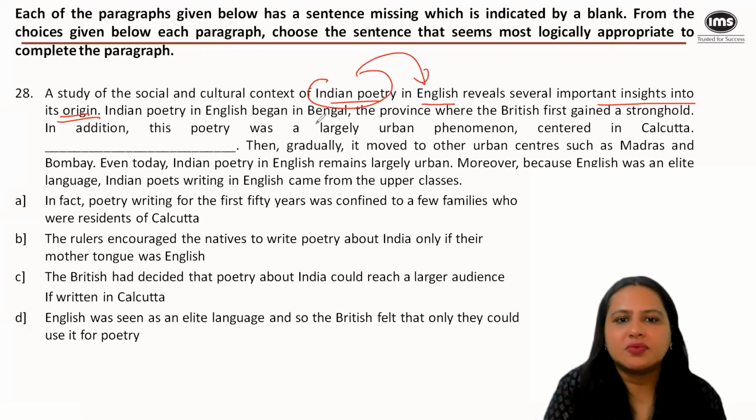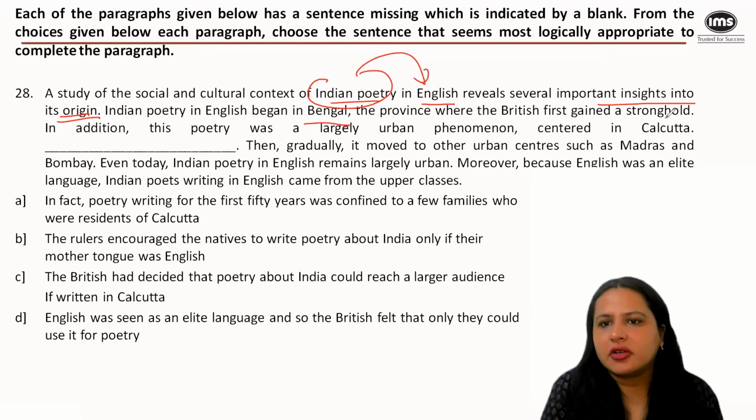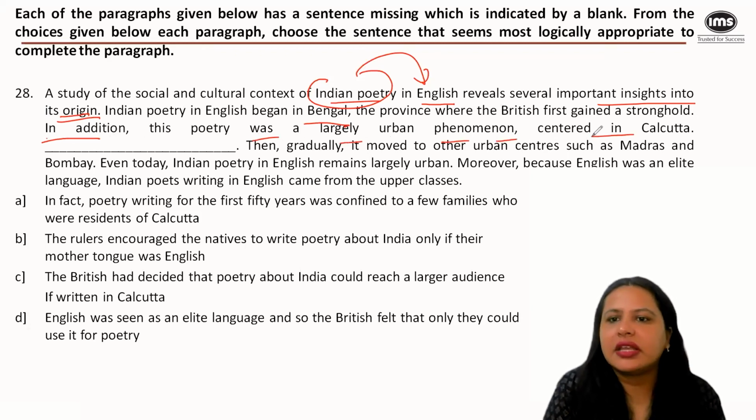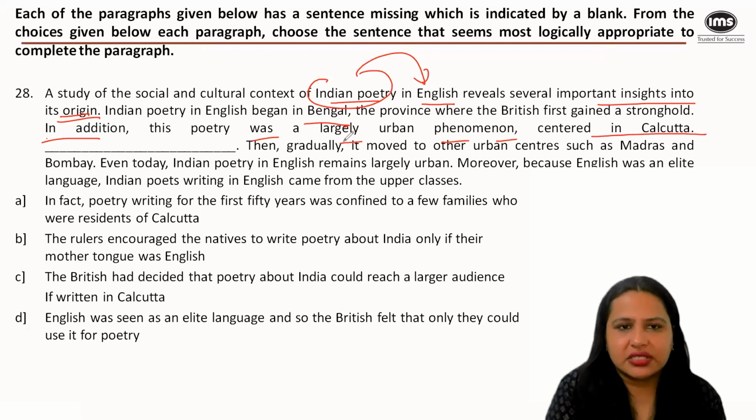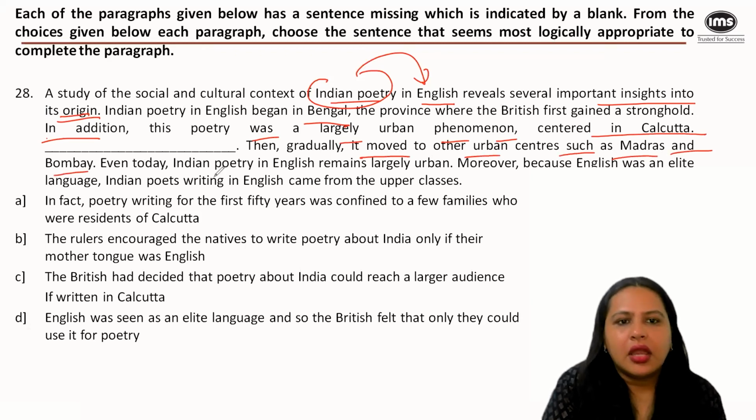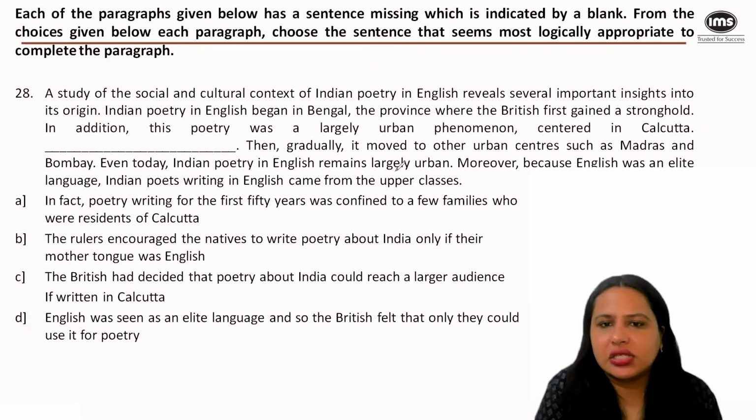Indian poetry in English began in Bengal, the province where the British first gained a stronghold. In addition, this poetry was largely an urban phenomenon centered in Calcutta. There's a blank. Then gradually it moved to other urban centers such as Madras and Bombay. Even today, Indian poetry in English remains largely urban.